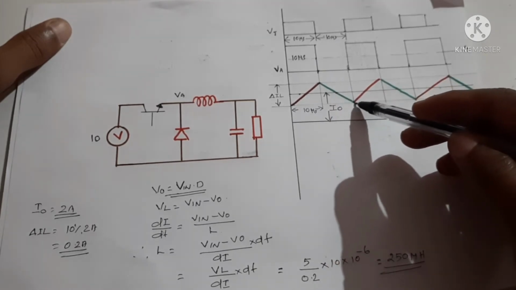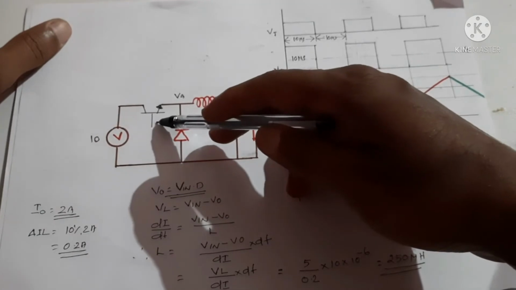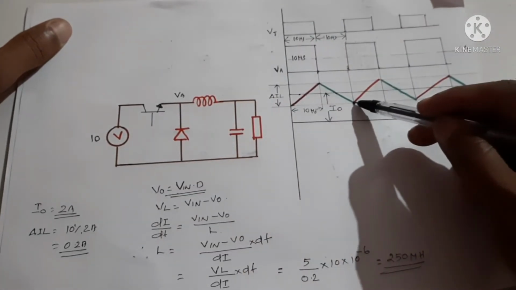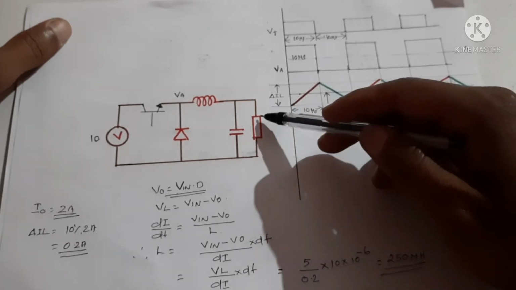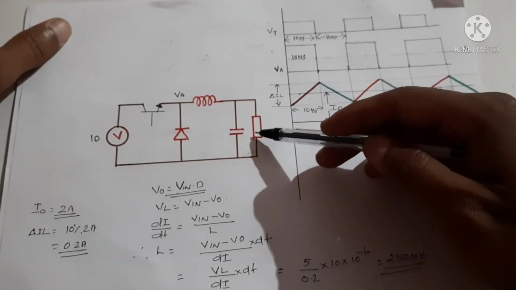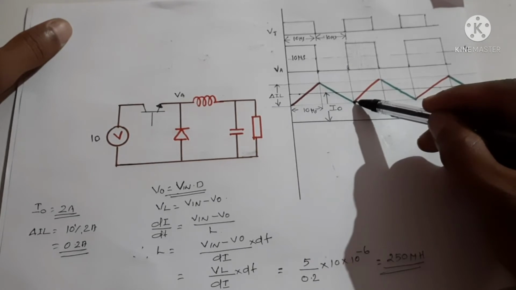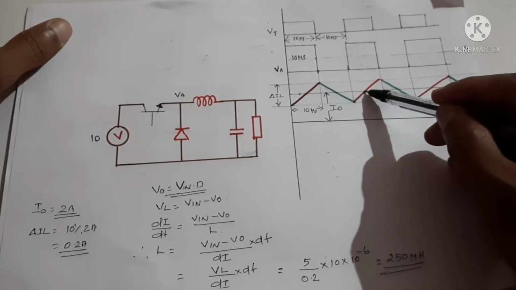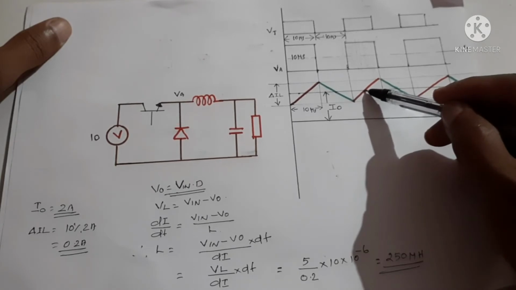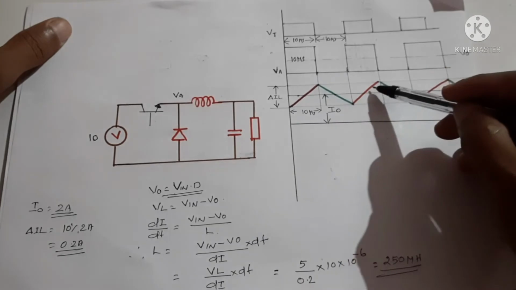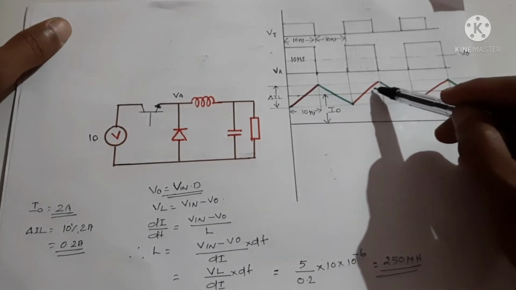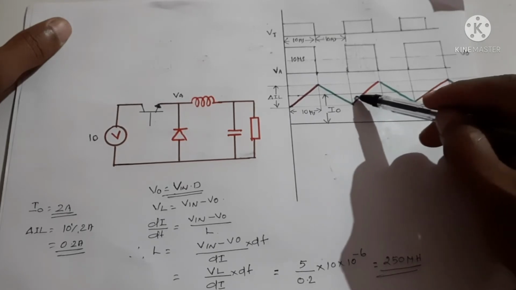And at this point the transistor is again on. But at that time also the inductor current is not enough to provide sufficient current for this load, so again the capacitor is giving its energy. When the inductor current reaches more than the I0 value, again the inductor current charges this capacitor. So this portion is charging the capacitor and this portion is discharging the capacitor.